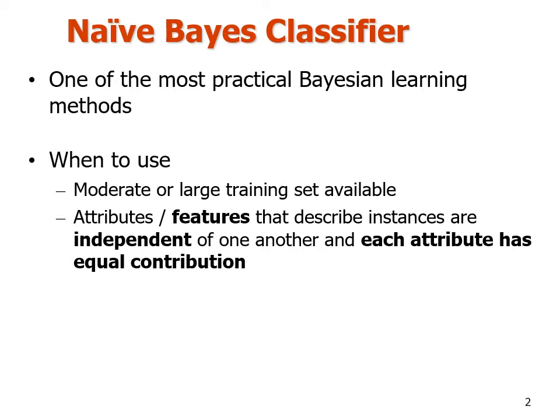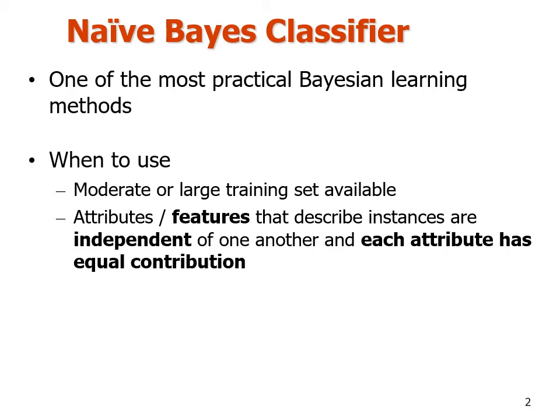Let me focus on the second condition once again. Attributes or features that describe the instances in the data set are independent of one another, and each attribute has equal contribution in producing the outcome.